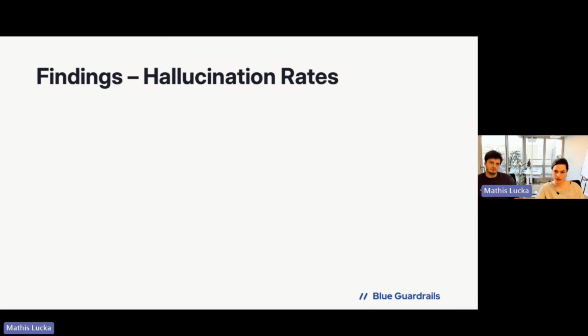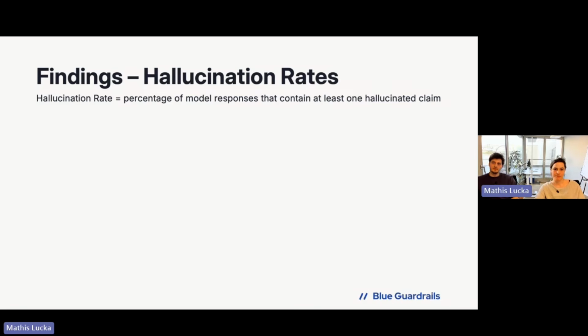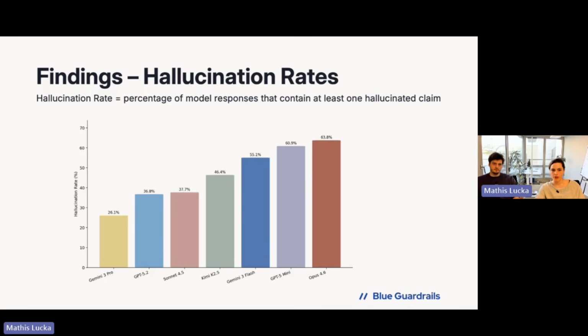About the hallucination rates, of course, that's what we were looking for mostly, right? The hallucination rate is the percentage of model responses that contained at least 1 hallucinated claim or more than 1. So our initial leaderboard was this. We saw significant differences in the performance of the models.